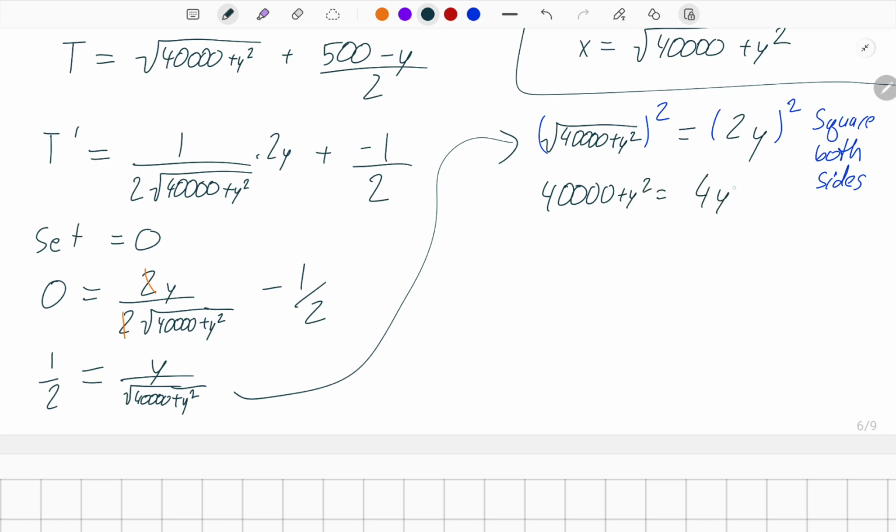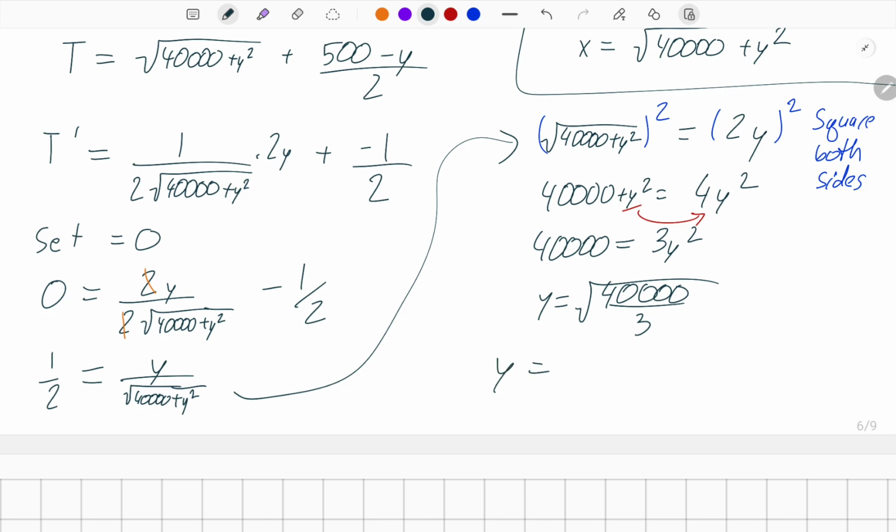And now on the right side we have 4y squared. And this isn't too bad to isolate for. 40,000 is now just going to be equal to 3y squared when we move over the y squared itself. And then divide by 3, so y is equal to 40,000 divided by 3, square root of that.